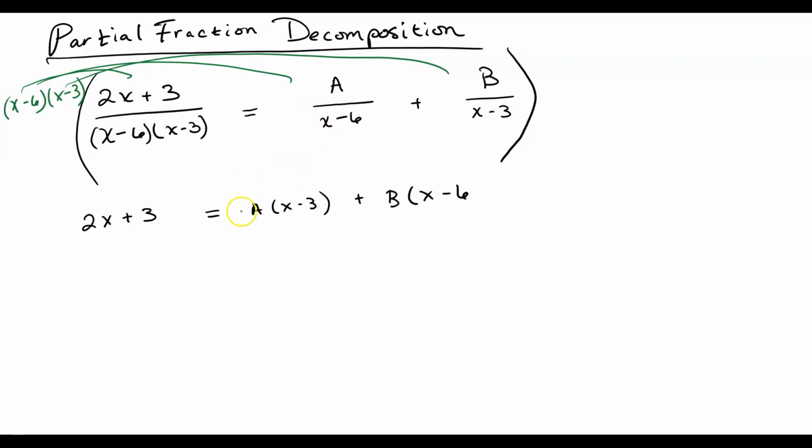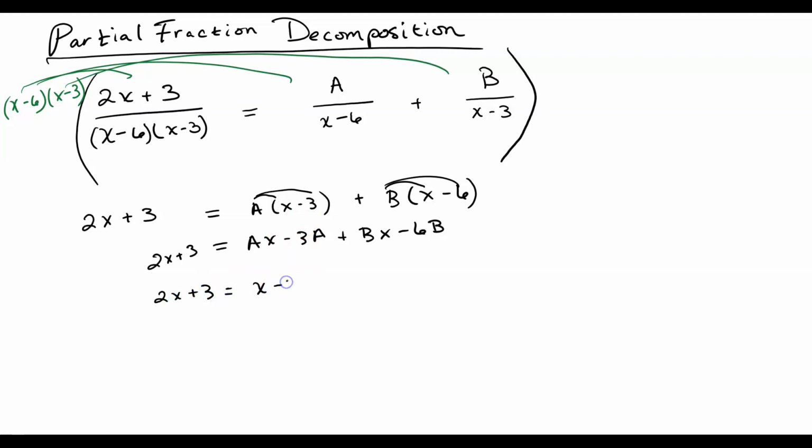So let's suppose that we distribute the A across, so 2x + 3 equals Ax - 3A, and we distribute the B, we get Bx - 6B. Now we look at the x components: Ax + Bx, minus 3A minus 6B.